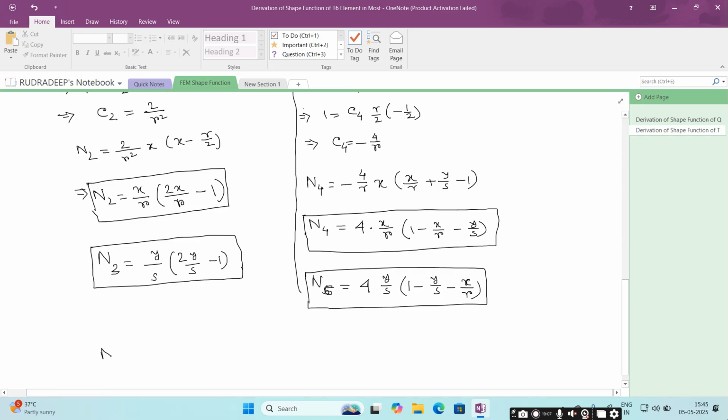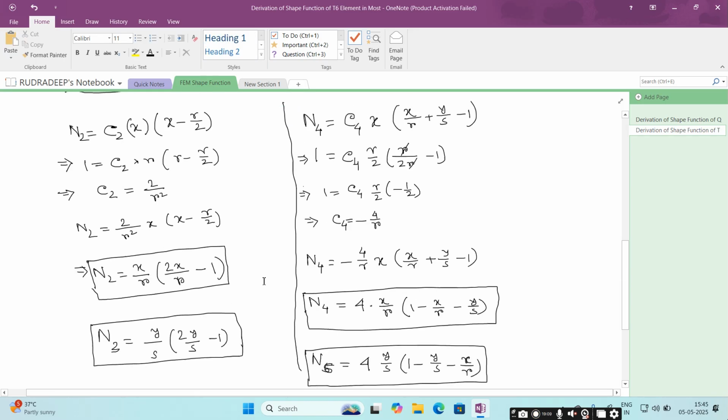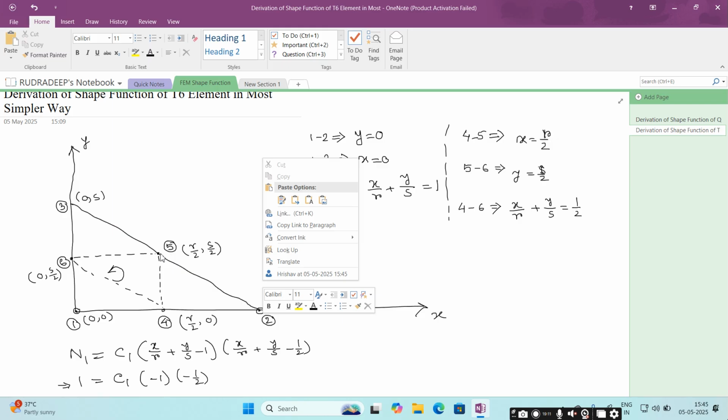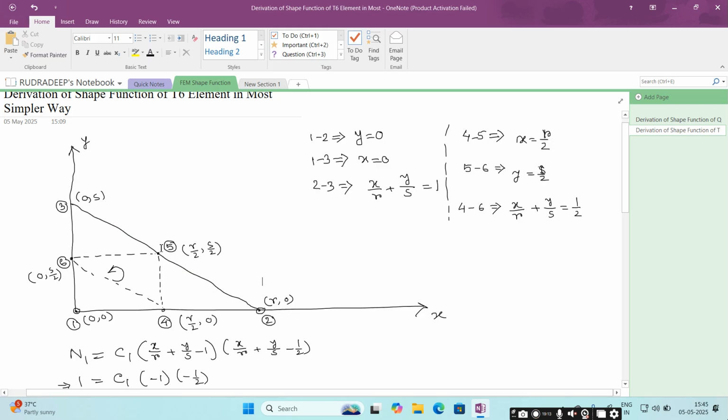Now coming to n5. So n5 is at this location. To get the shape function for this point, I will take just this line and this line equation.